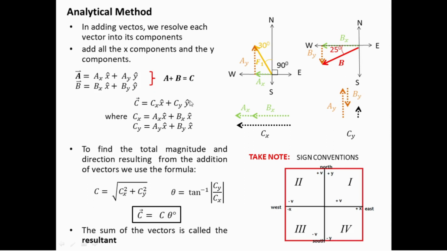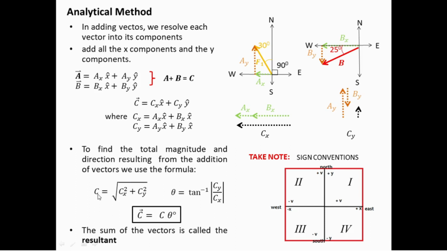So after that, to get the total magnitude and direction of the resulting vector, all we have to do is use this formula. So this looks familiar. This one is based on the Pythagorean theorem.